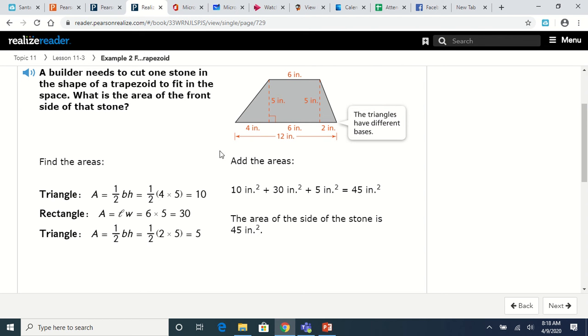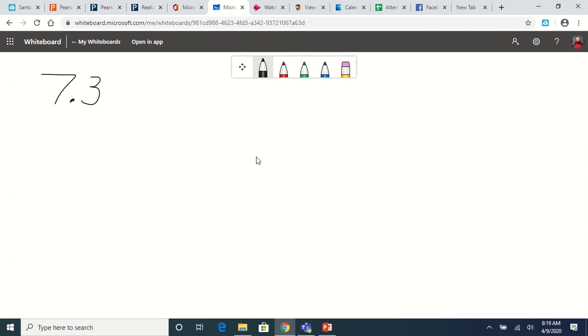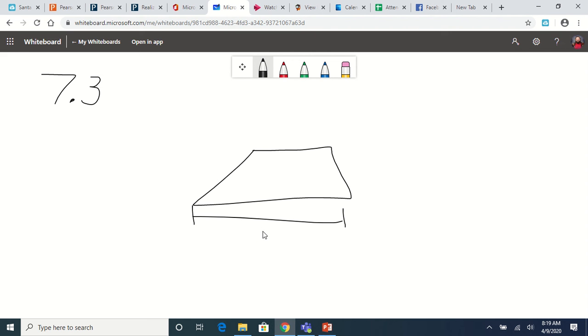So I'm going to move over to the whiteboard right now, and I'm going to try to recreate this trapezoid. So let's see if I can do that. So we were here, we were here, we were here. They were telling us that the entire length here was 12.